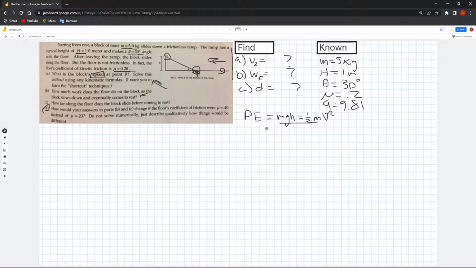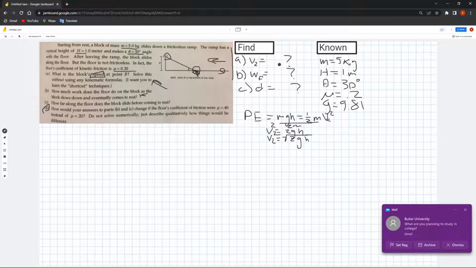So V equals, we'll just divide this by M, so this will just be 2GH equals V squared, and so we can go down and just take the square root of 2GH equals V2. Okay, now we know V2. That's the first question. We can solve and plug that in if we want.